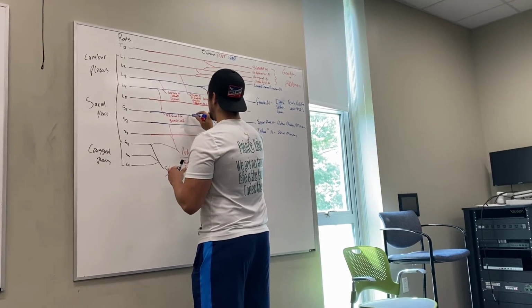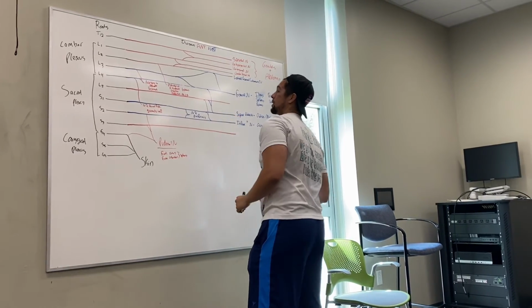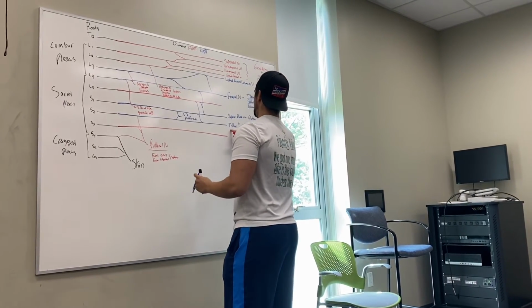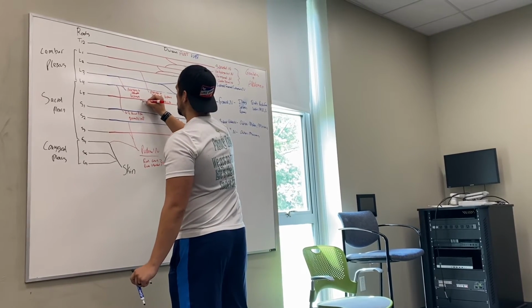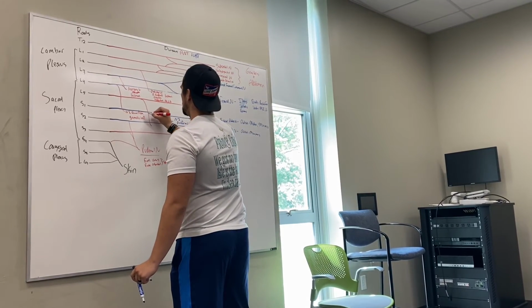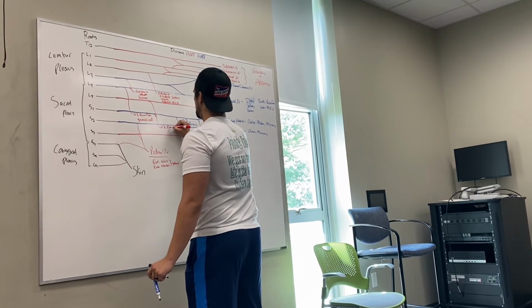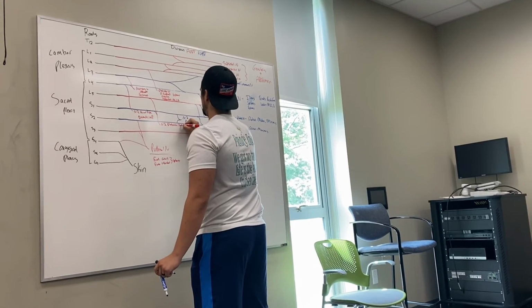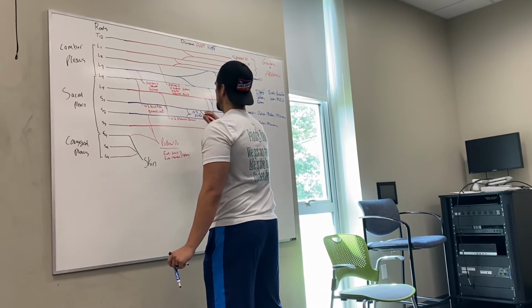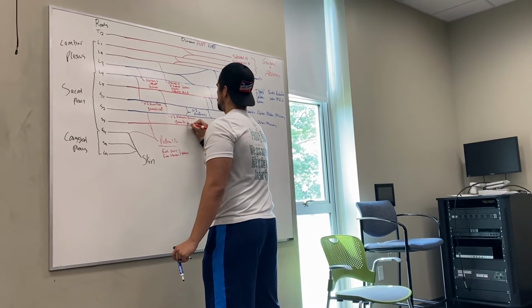Easy to remember because it has the same branches as the superior gluteal nerve. Now, same as the inferior gluteal nerve, we have from S5, S1 into S2, we have our nerve to obturator internus, and that also innervates the gemellus superior.